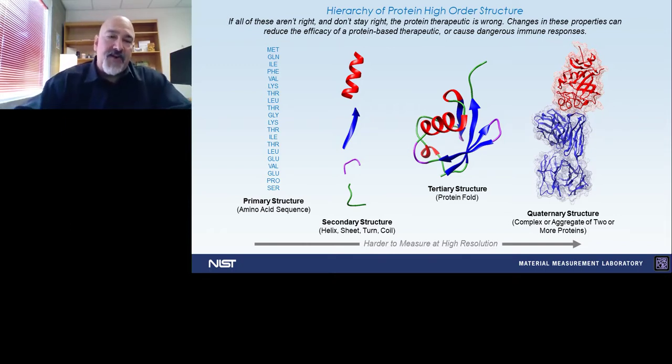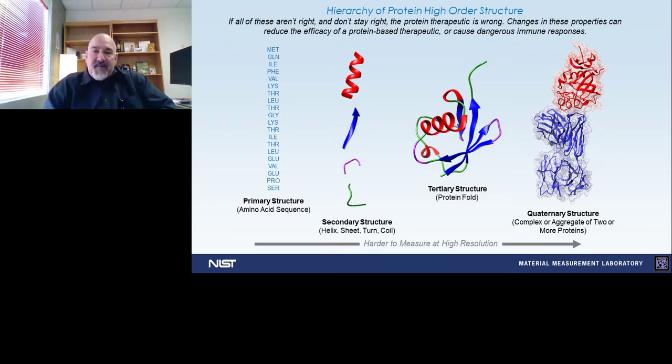The covalent structure, what we call the primary sequence of the protein, the amino acid sequence, can be determined very accurately by techniques like mass spectroscopy. However, in order for the protein drug to function properly, it has to be folded into a very specific structure, and it has to stay in that structure and not aggregate.